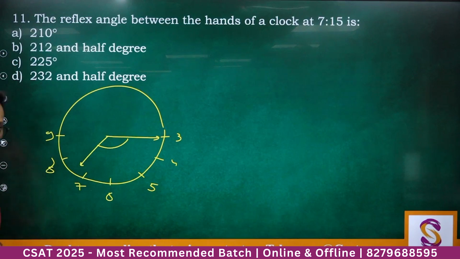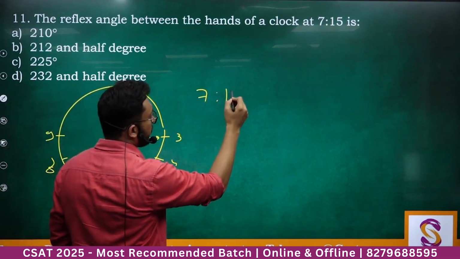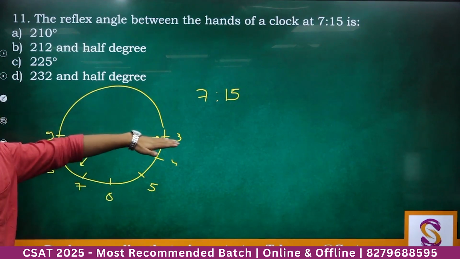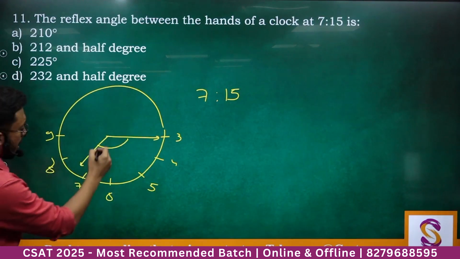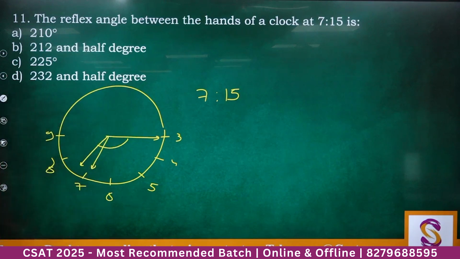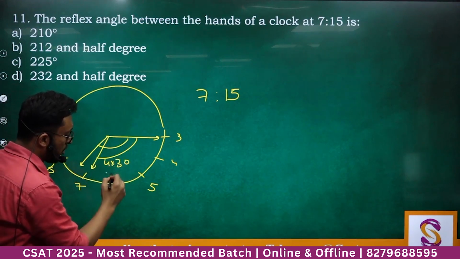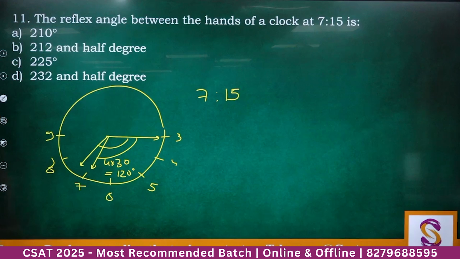Done. See, again the time is 7:15. At 7:15, one hand will be exactly here at 3. Had the hour hand been at 7, this would have been 4 sectors, which is 4 into 30, that is 120 degrees. If it were at 7, but it is slightly past 7.